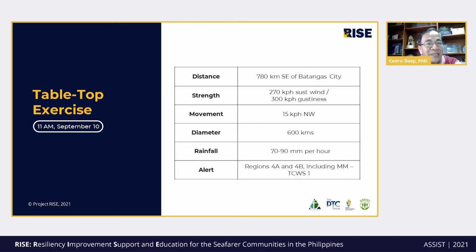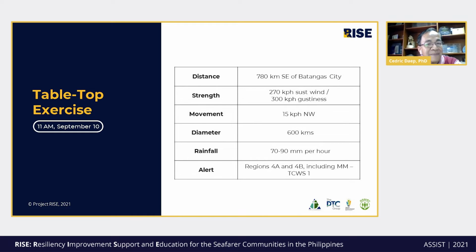Meaning, lumampas na tayo sa 220 kph. This is now under super typhoon category. 220 or up, that is super typhoon category. Meaning, super destructive typhoon. So makikita mo na kaagad.